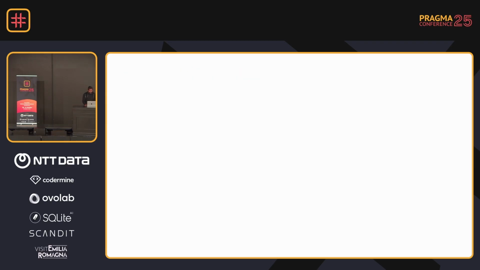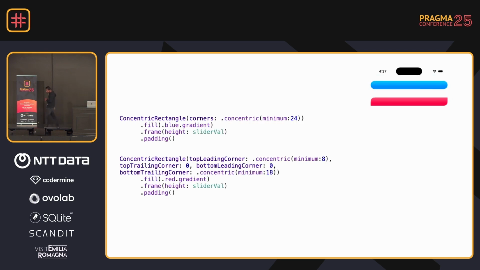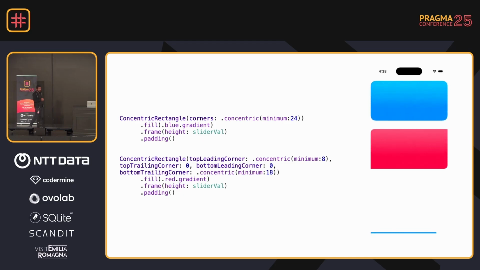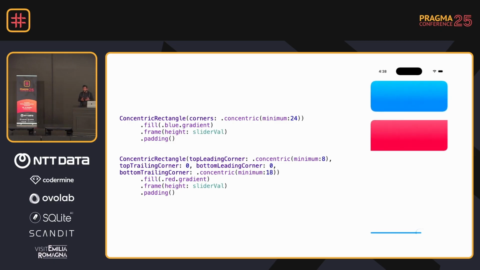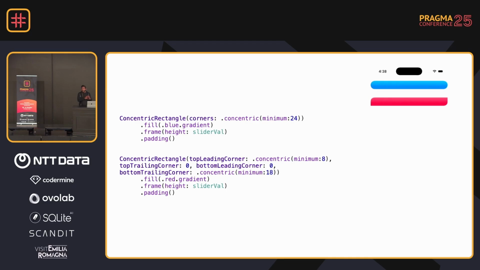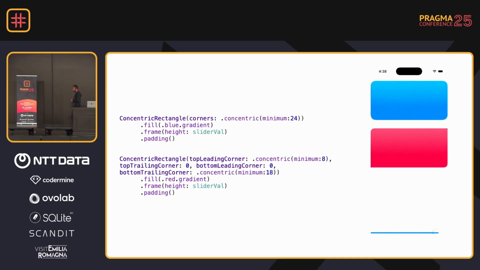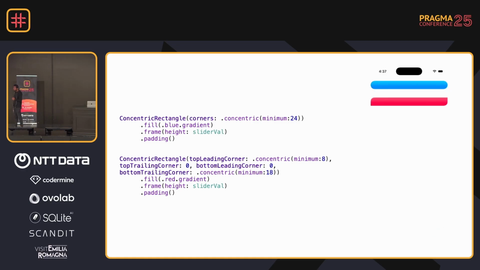Now instead of hard coding the corner radius, we can use a concentric rectangle with the corners, giving you the concentric values with the minimum value defined. So with that, your application will automatically adapt, whether it's running on iPad, whether it's running on iPhone, or a different variant. It gives you the standard corner radius, and that will give you nicer looks than the hard coded corner radius.